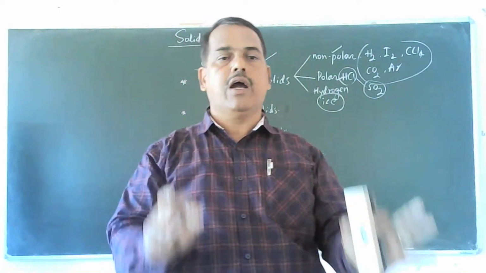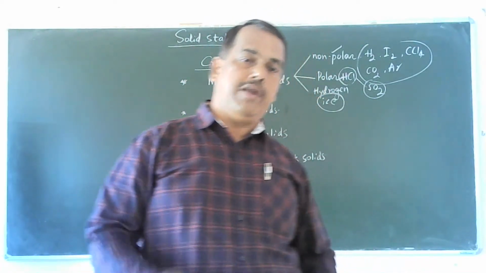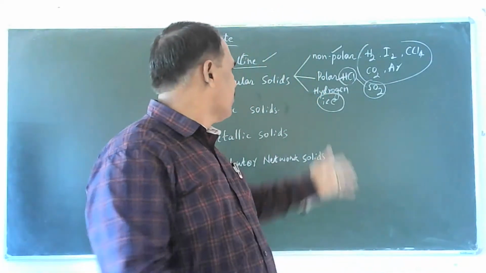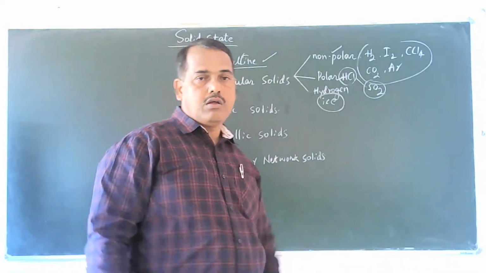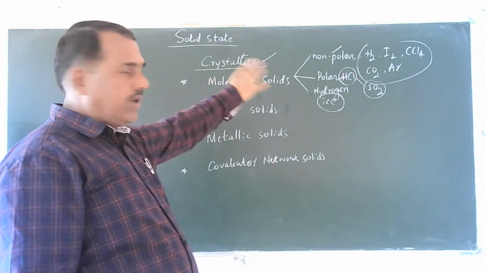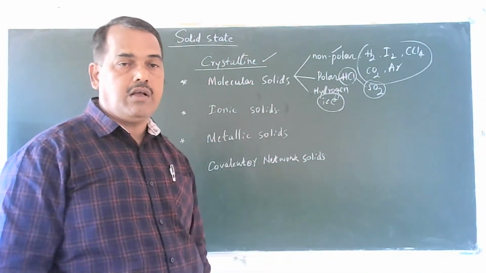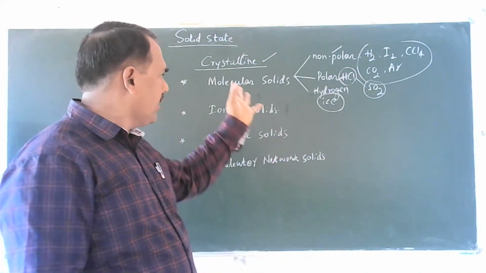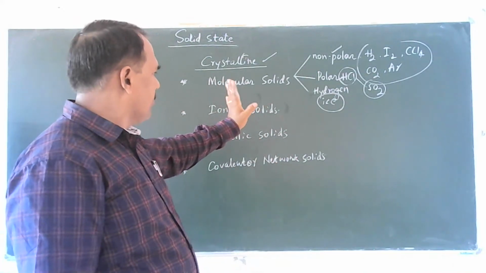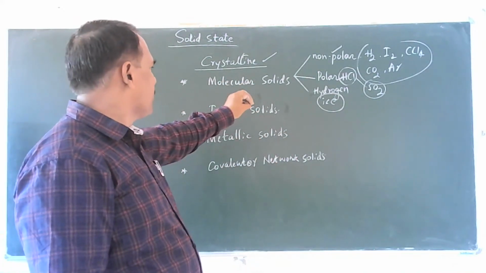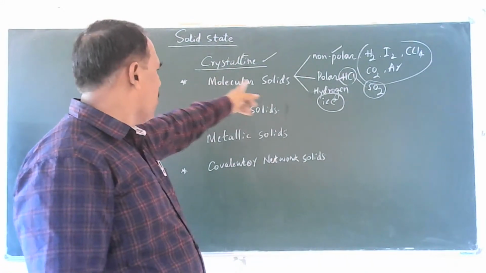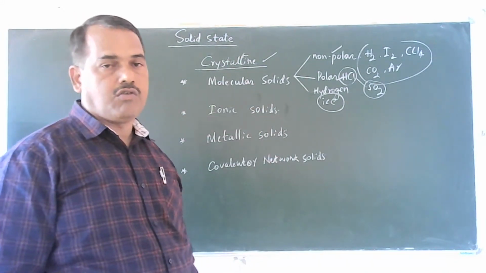What is the force there? It is nothing but a hydrogen bond. The element hydrogen forms bonds with other more electronegative elements like fluorine, oxygen, and chlorine. Such existing solids are called molecular solids.